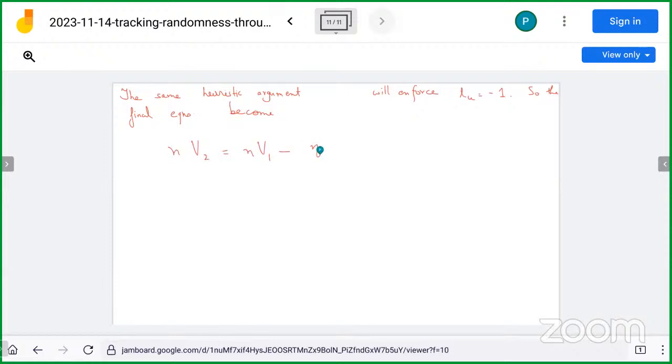So what was this? This n makes sense because, as you said, NP1 is the correct thing.